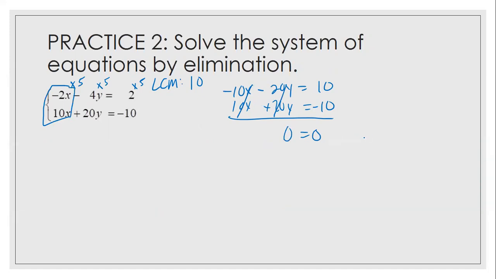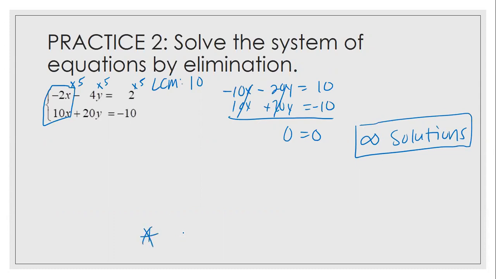When this happens, the solution is infinite solutions. Infinite solutions. Okay? Now, side note, if you end up where one variable, where it comes down to a number not equal to a number, that would be no solution. Okay? Like if it said 0 equals 4, that means that it is no solution.